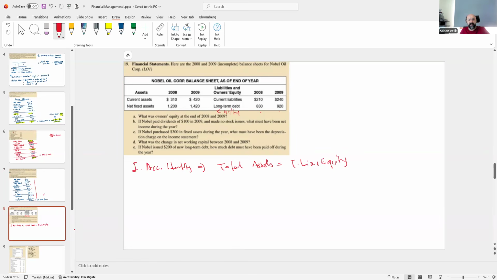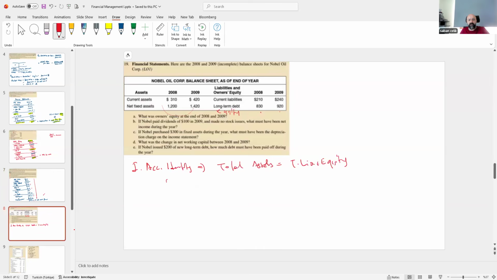So total asset for 2008 and 2009, I need to calculate independently. For 2008, total asset is the sum of these two.